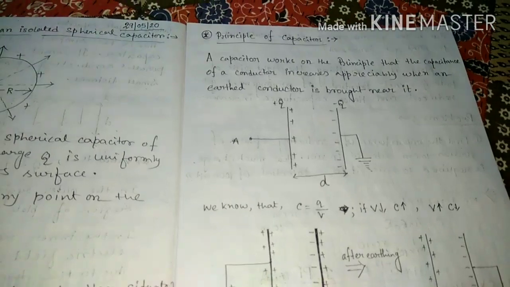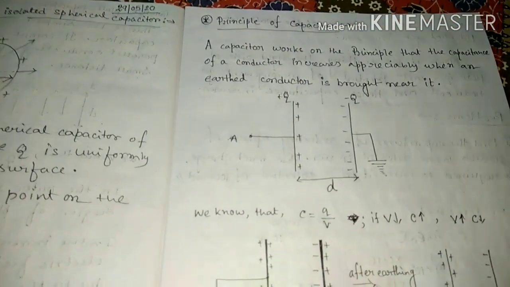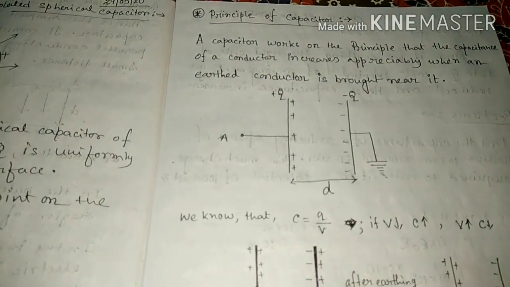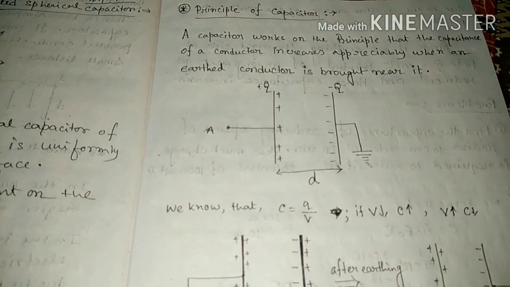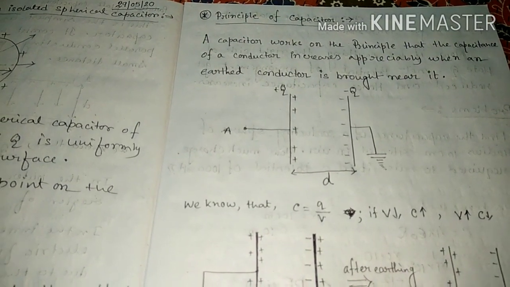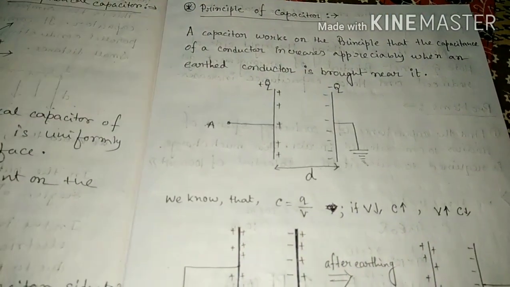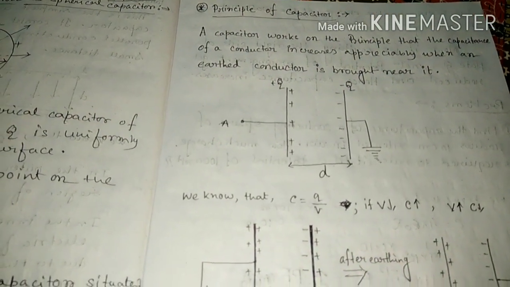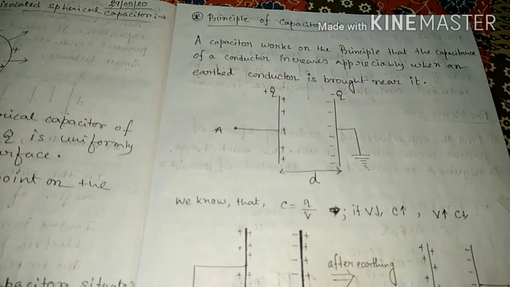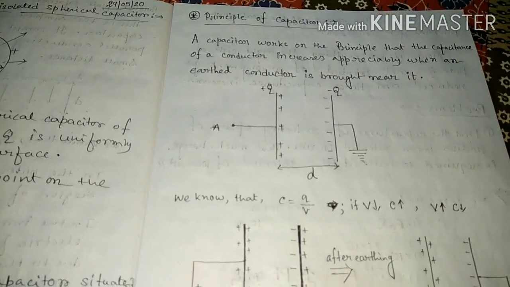Similarly, what is the principle of a capacitor? The capacitor works on the principle that the capacitance of a conductor increases when an earthed conductor is brought near it. We know that the capacitor consists of two parallel plate conductors.